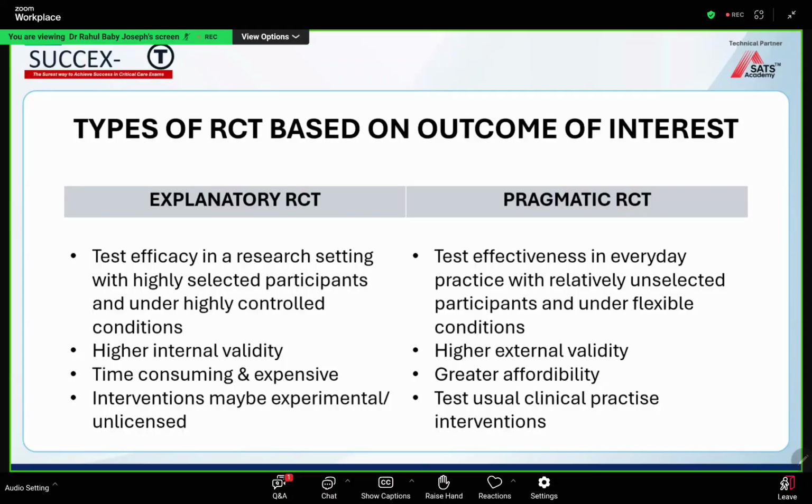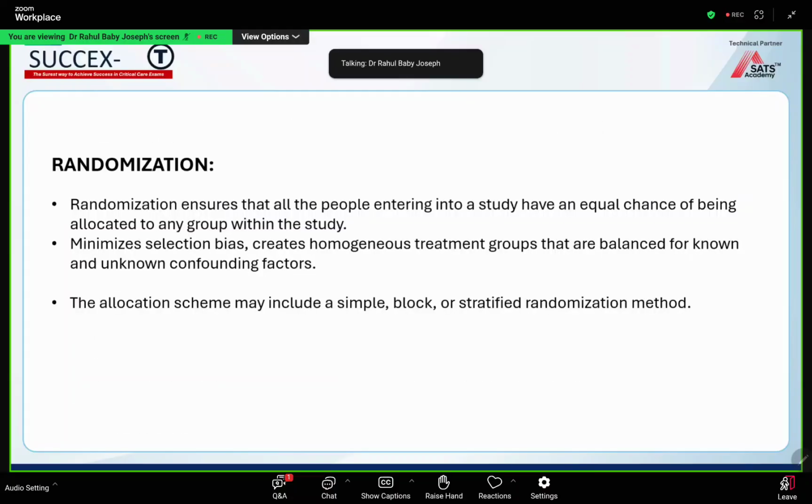These are mainly used for experimental and unlicensed interventions. Pragmatic RCTs are mainly for testing the effectiveness of a particular intervention. This has high external validity. It is more affordable, and usually the usual clinical practice interventions are tested.